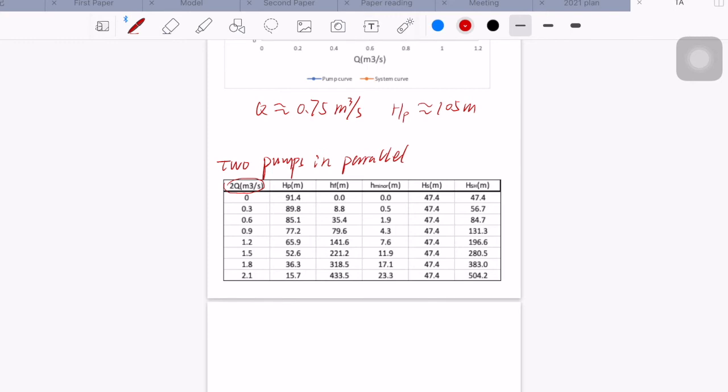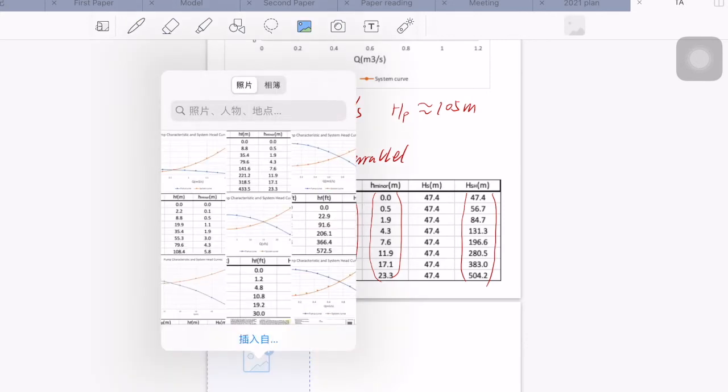So similar to the previous equations, we can determine the HF in this column and the minor losses in this column and the system head in this column. We also can plot the system head in a figure like this one.